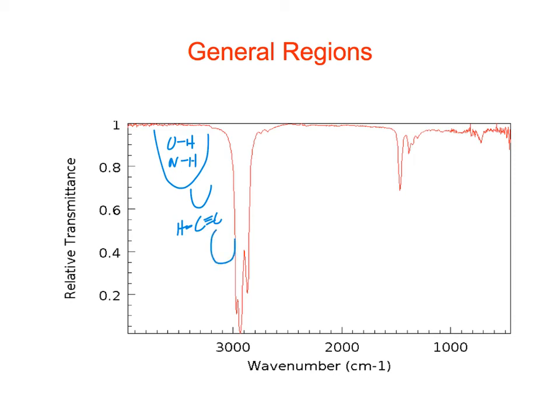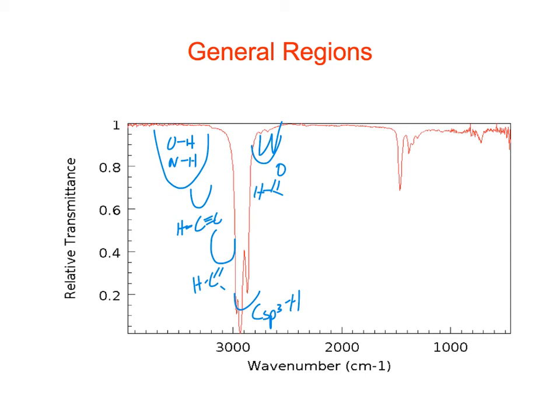And then in here, the sp2 carbon-hydrogen stretches. These are the sp3 carbon stretches. In here, we saw the aldehyde carbon-hydrogen, the 2 peaks down in here.